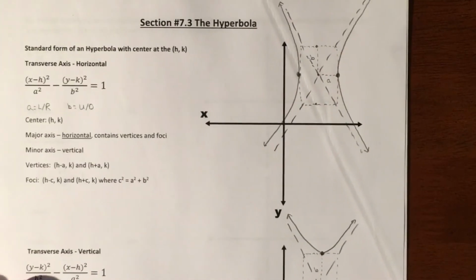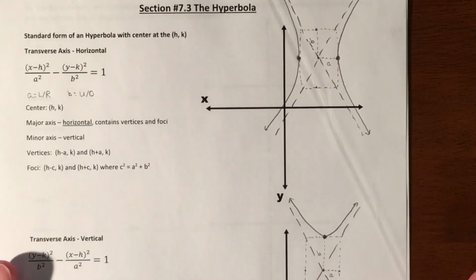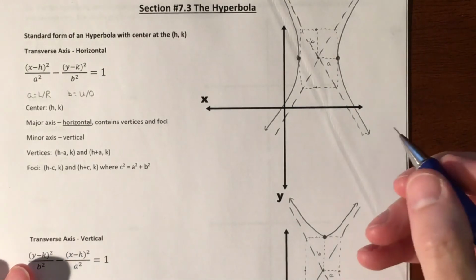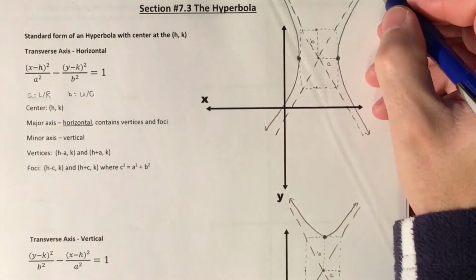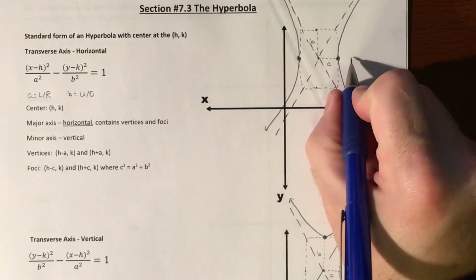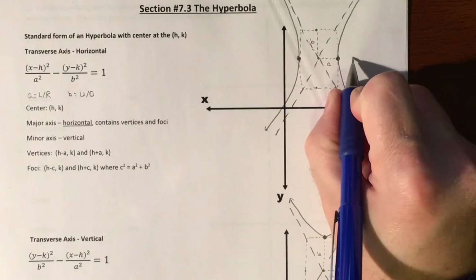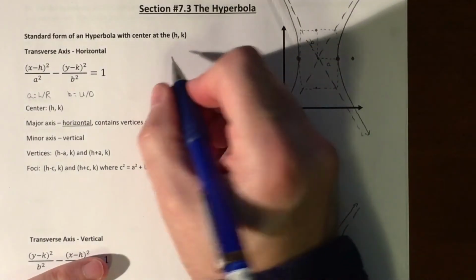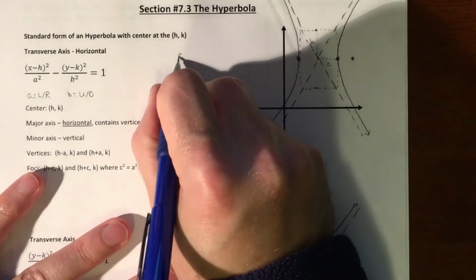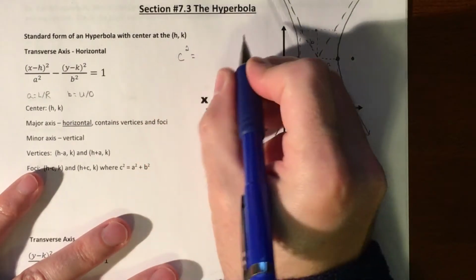The last part of this is you need to find your focal points, because there are still reflective properties that the parabola and the ellipse have. Your focal points are going to be here, kind of in this parabola-ish piece. So it makes sense that it's going to be sitting here. To find it, it's very similar to the ellipse, you're going to have a c-squared value again.